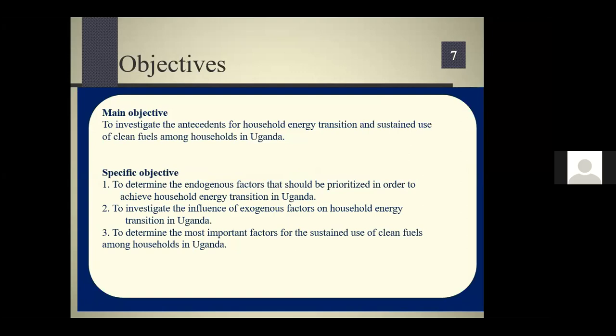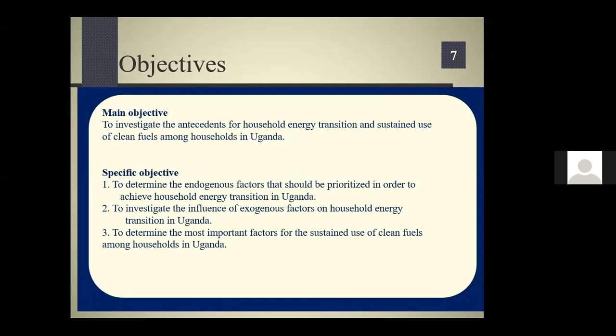The main objective here is to really investigate the antecedents for household energy transition in sustained use of clean fuels among households in Uganda. And to be able to achieve that main objective, I have the following specific objectives that will guide this study.